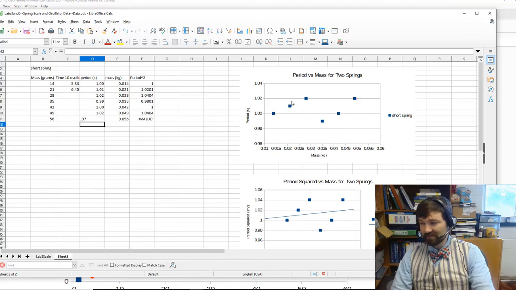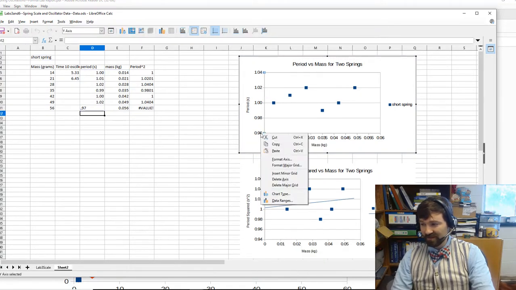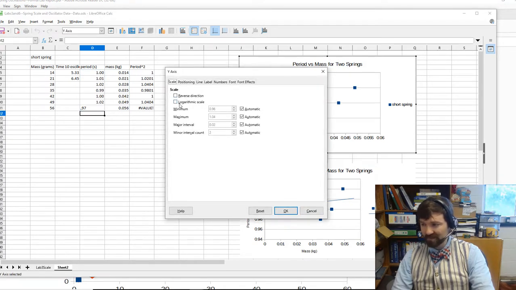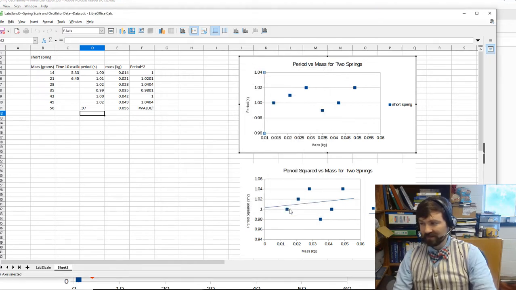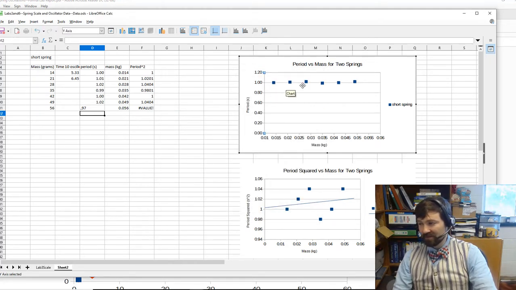This doesn't look very much like anything in particular, but the scale has been changed. And so for this one right here, again, you may have to format your axis, and then you really want it to run from the origin to whatever values you're showing.